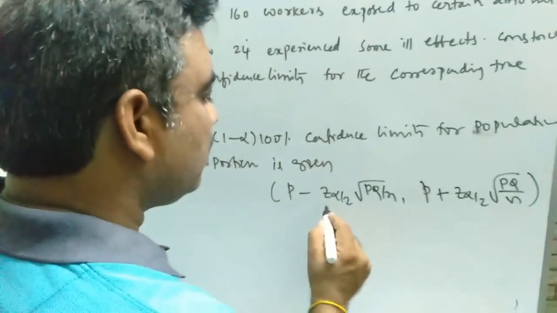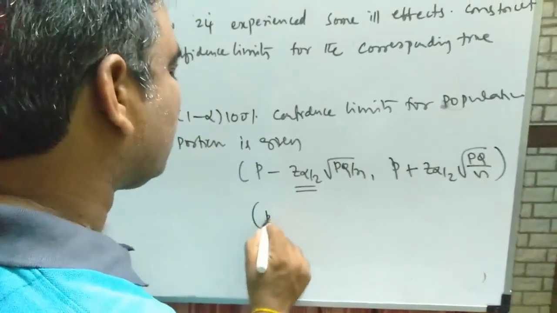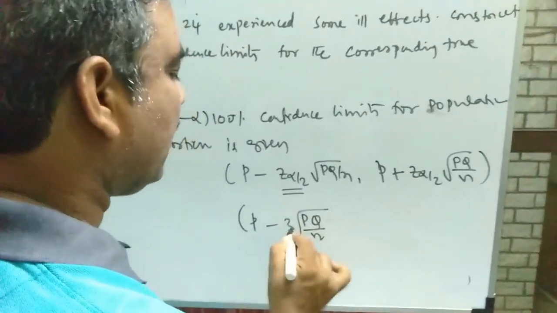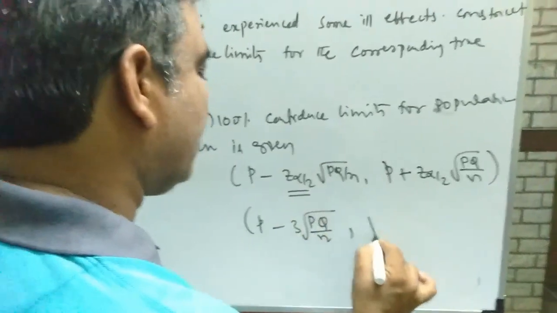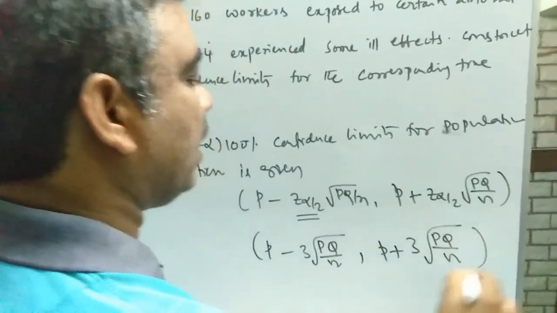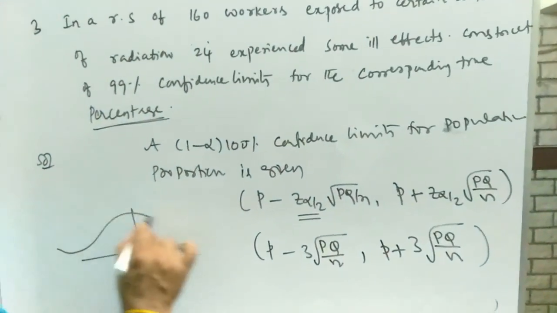So one more thing here you have to remember that here z alpha by 2 value, the maximum percentage కాబట్టి you can take it as 3. The limits p minus 3 into root of pq by n and small p plus 3 into root of pq by n. And the z alpha by 2 maximum 99.47%.